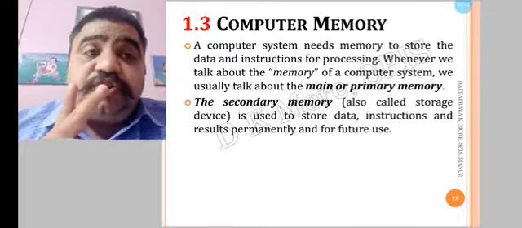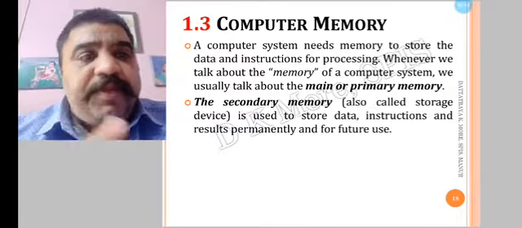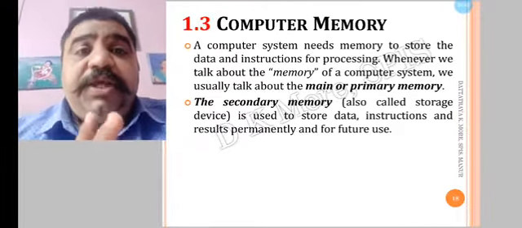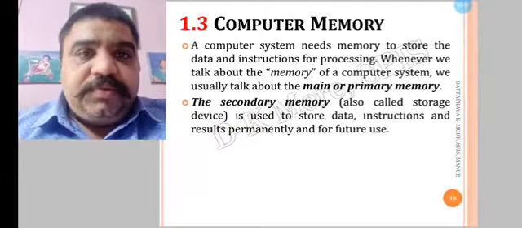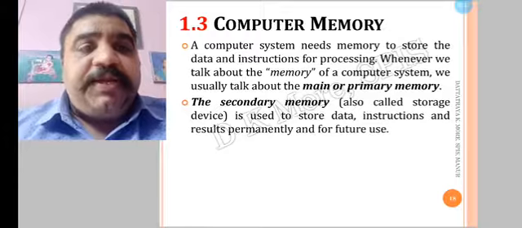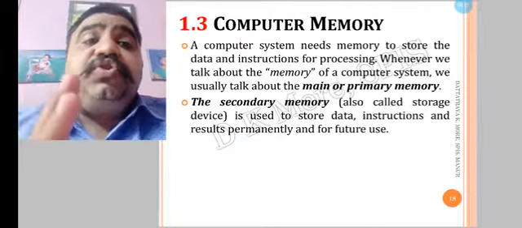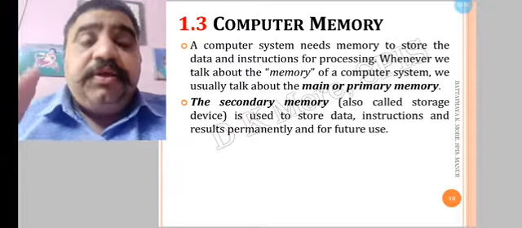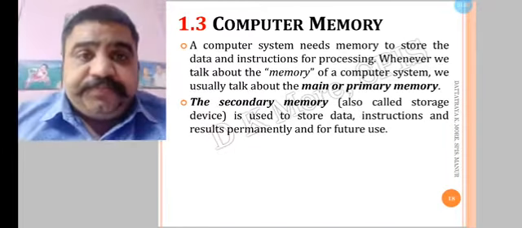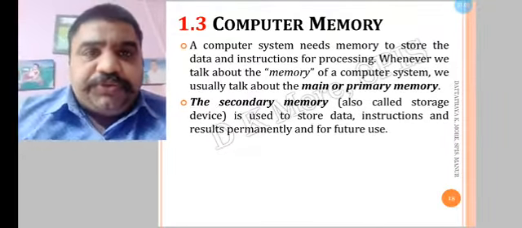So there are these two main types of memories, primary and secondary. Primary memory is useful for the main purpose of processing, that is called main memory. And secondary memory is to store the data, instructions or different types of files permanently for future use.